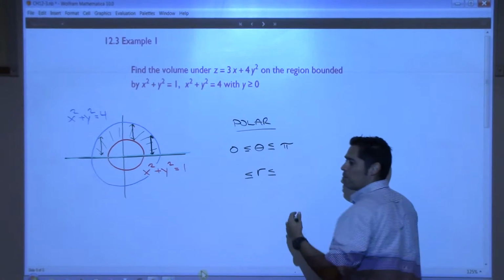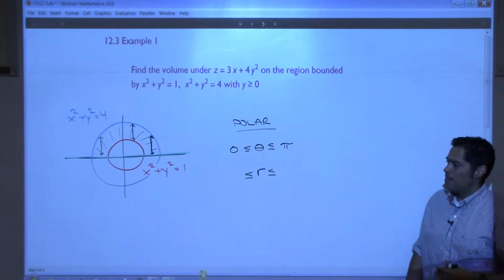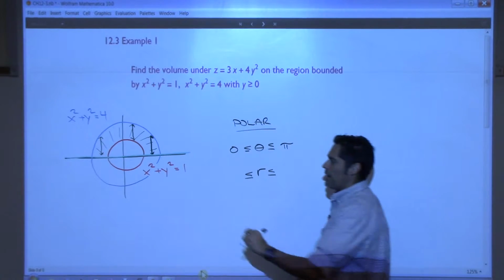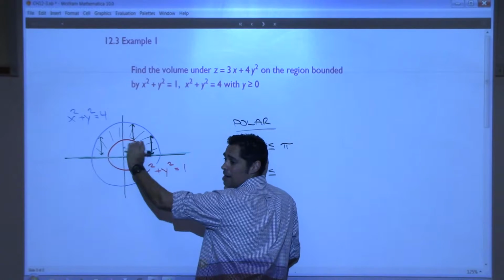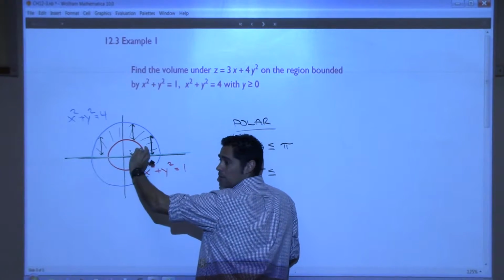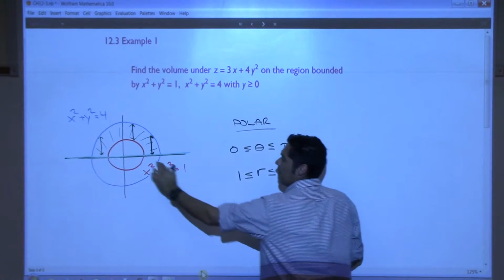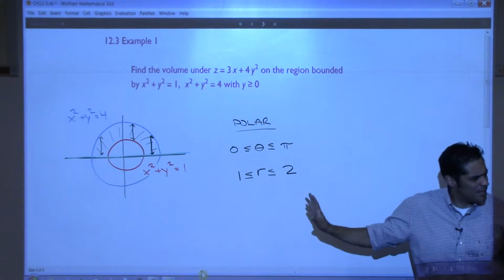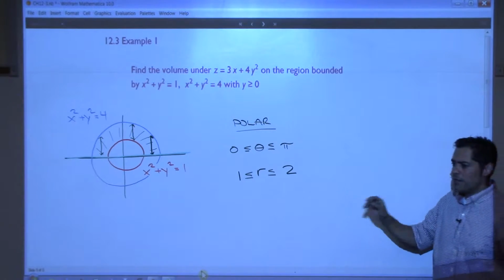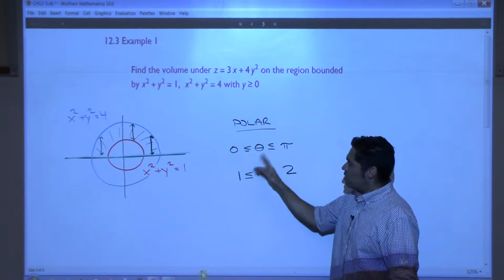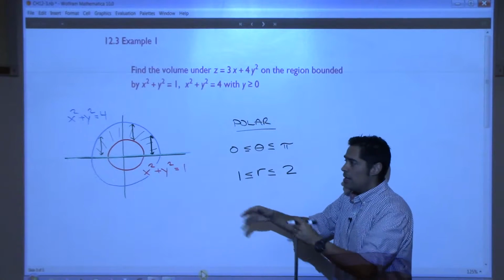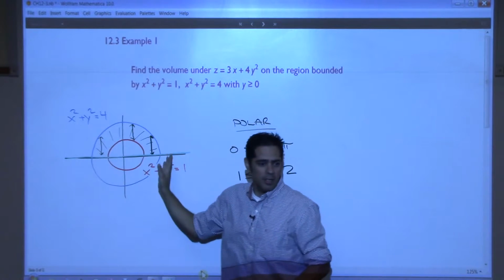And then as far as the radii are concerned, the smallest that you can walk out would be to get to the red, right? So 1 would be the smallest. And then the most you could walk out would be 2. Does that make sense to you? You're taking all points where you're turning between 0 and pi, and you're walking out between 1 and 2, and it should draw this shaded region in here.